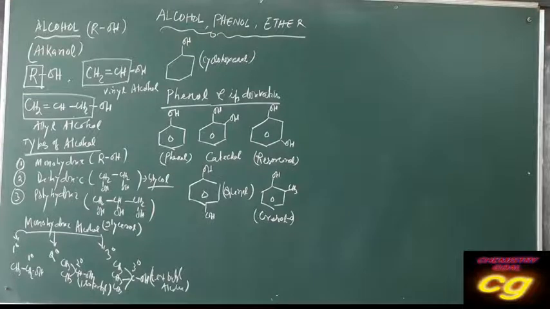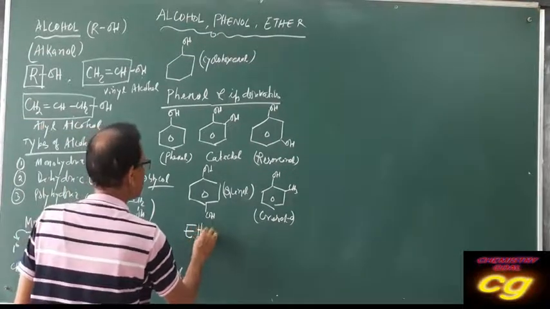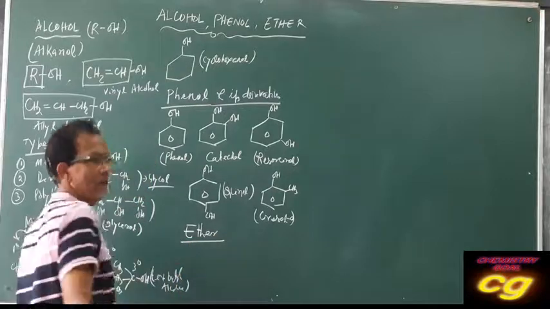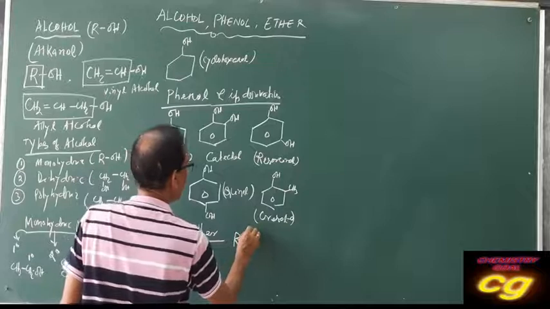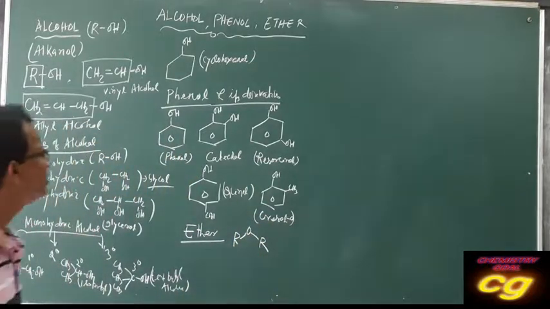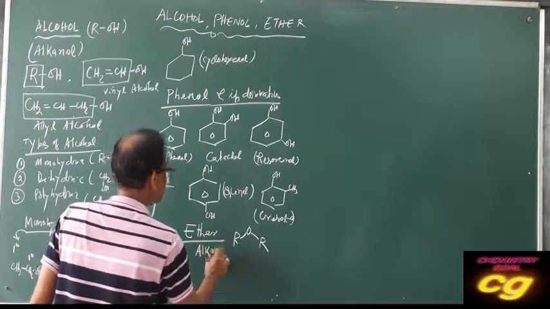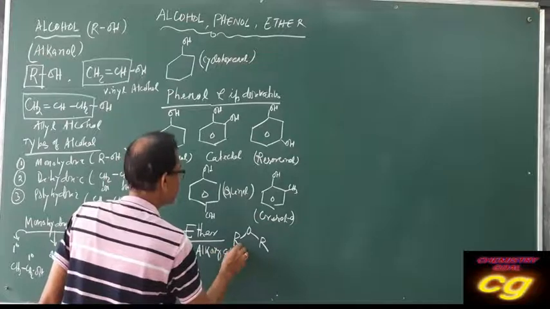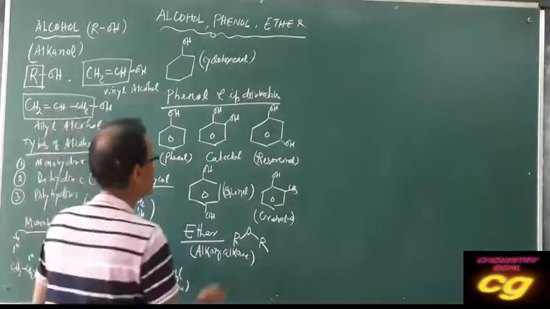Then ether, if you discuss ether also, the same. The ether group contains ROR. This is called ether, and ether is called alkoxyalkane.